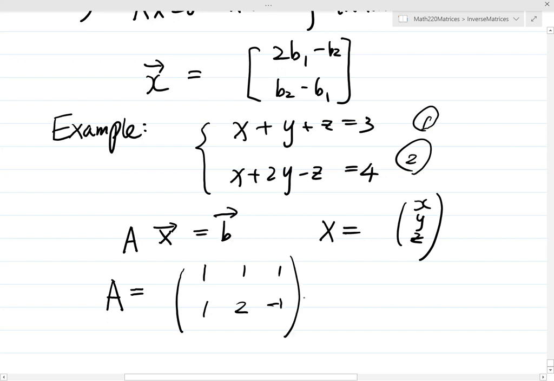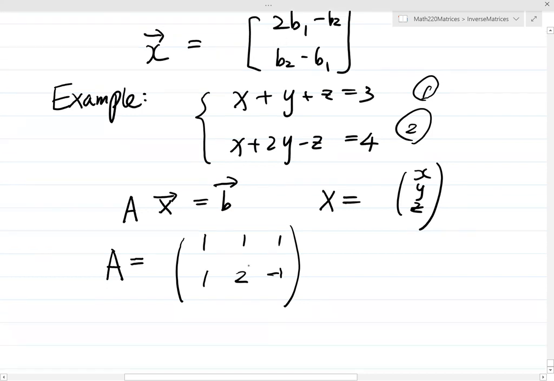So you can do the row operations. These two row vectors are clearly linearly independent, because they are in different directions. You see 1, 1, 1 and 1, 2, negative 1 are in different directions, because one is not a multiple of another.